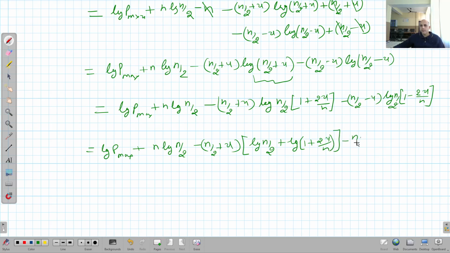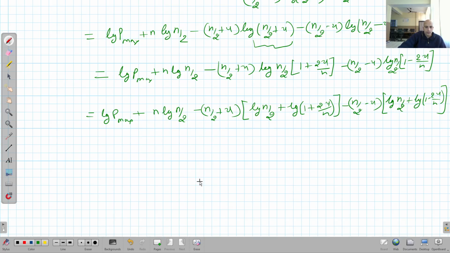Similarly, minus (n/2 minus x) into log of... not here, it should be bracket. I got mistaken. Here it should be bracket log of n/2 plus log of (1 minus 2x upon n). So I got these terms after expanding this.